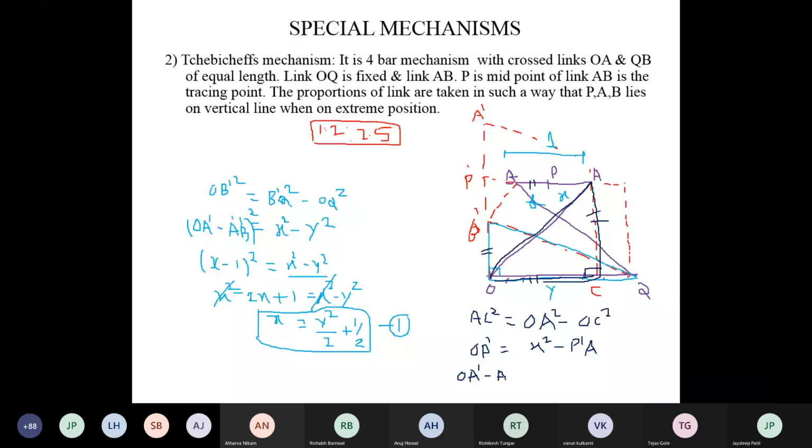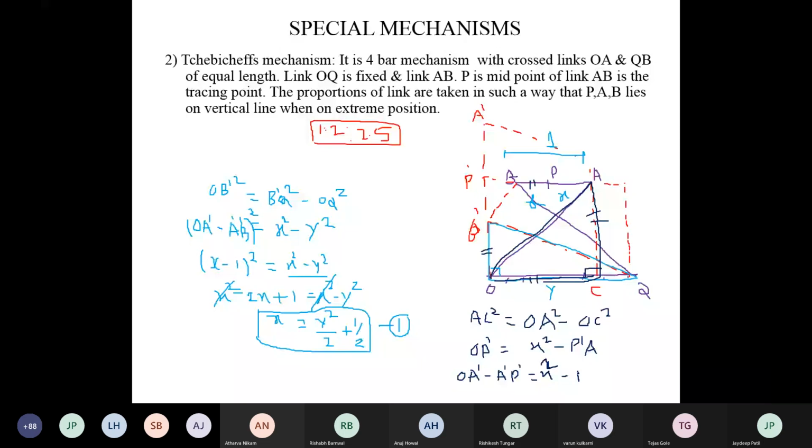It is equal to x square minus, what will come? x square minus P dash A dash. Here, P dash is here. I will write this equation in the form of P dash P plus, what will come?